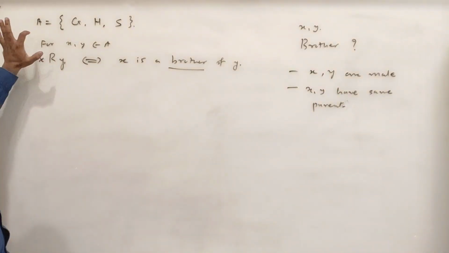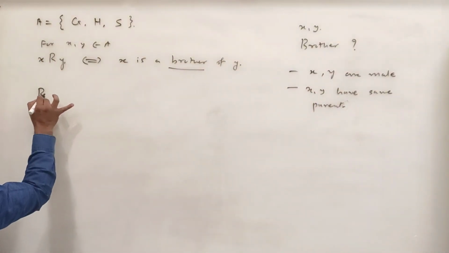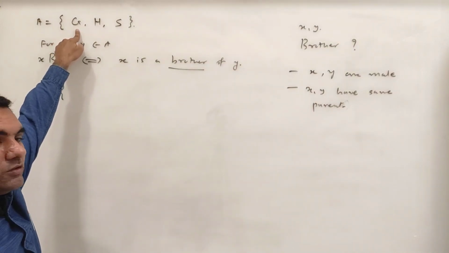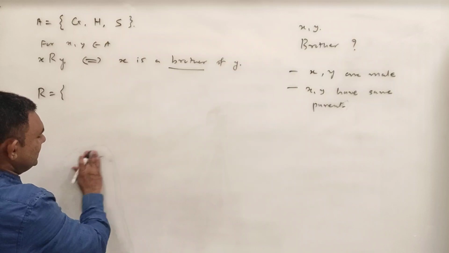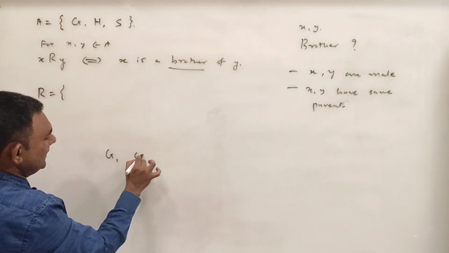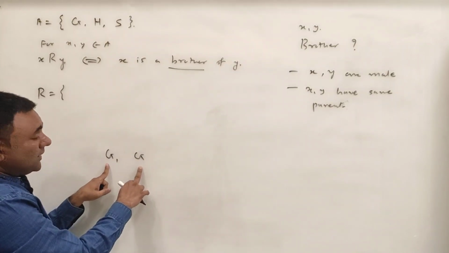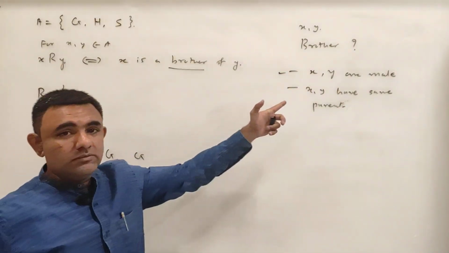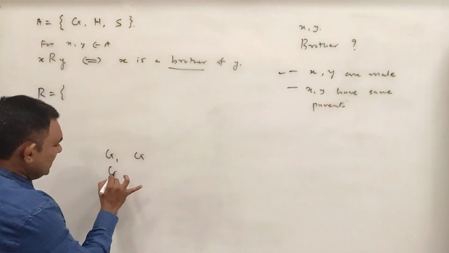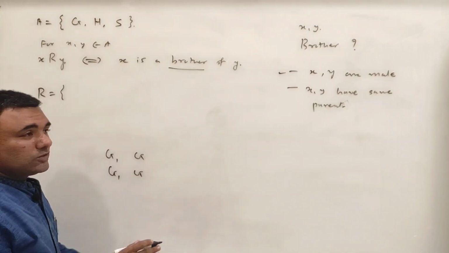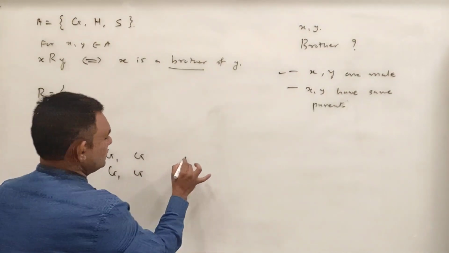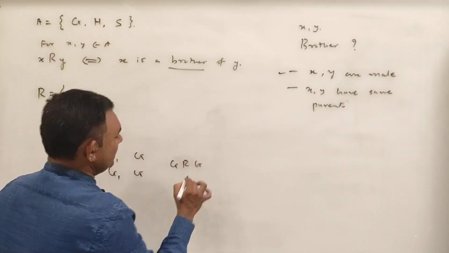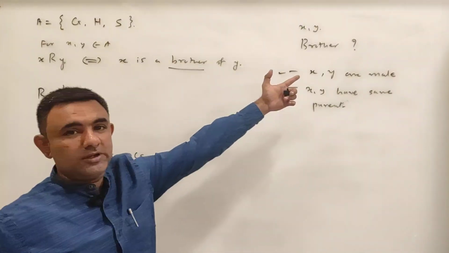So let us see what R is. G means Gandhiji. What about G and G? Gandhiji and Gandhiji. Both are male, so the first condition holds. And Gandhiji and Gandhiji have the same parents. So G is related to G according to our definition of brother.